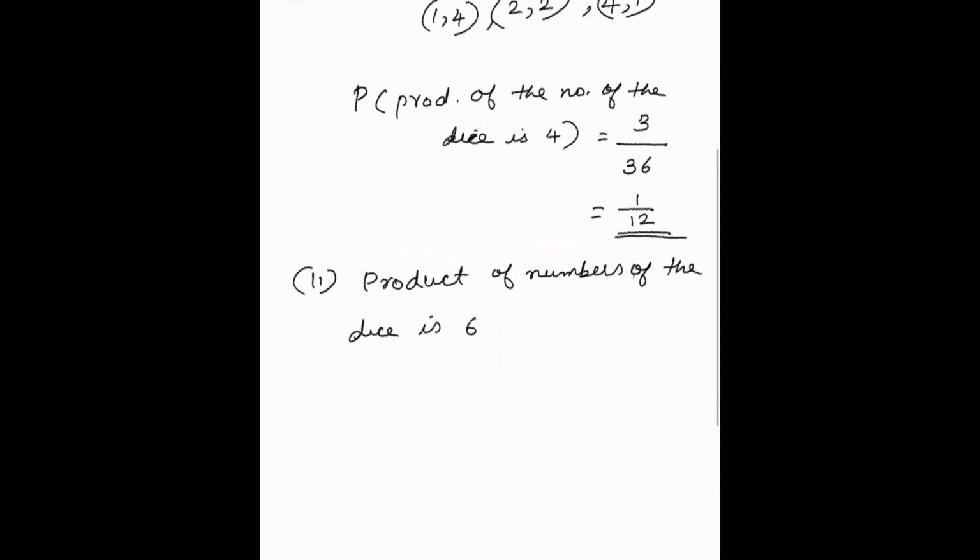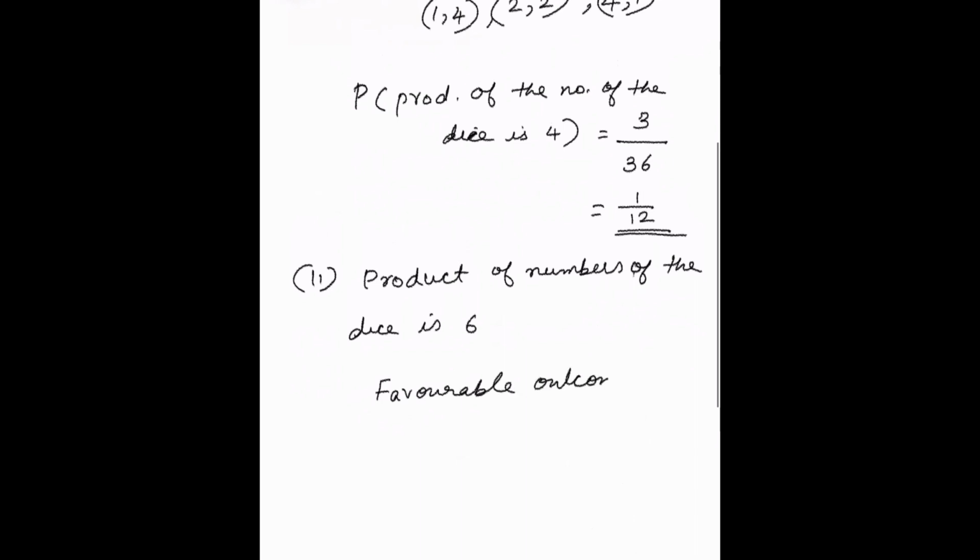Here you should write favorable outcomes. What are the favorable outcomes? Just list them out. 1, 6 is one possibility. Coming to the second row, 2, 3 is another possibility. Fourth row, nothing. Fifth row, nothing. In the sixth row again, 6, 1.